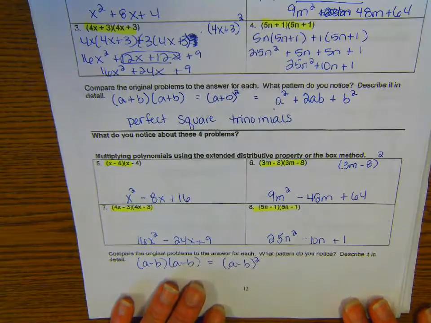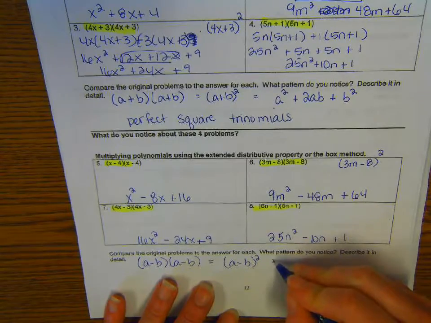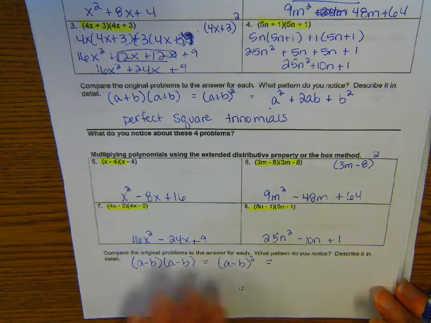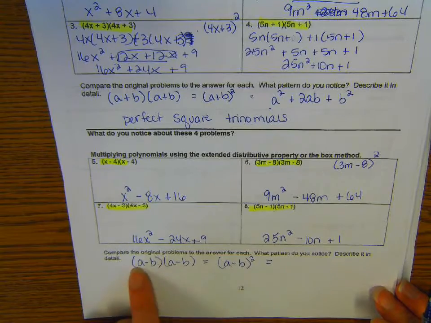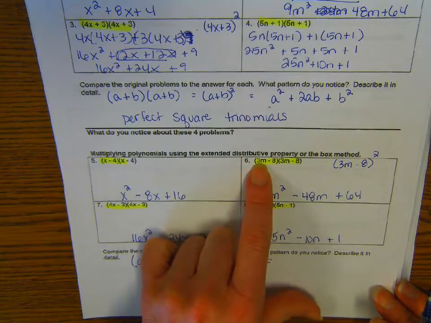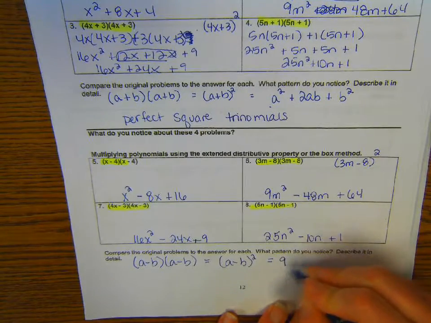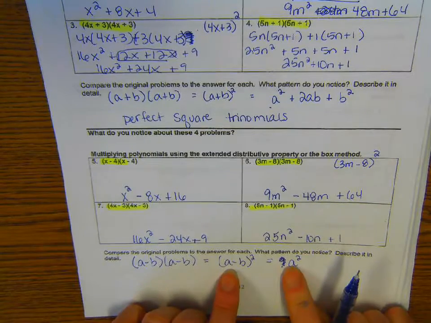Once again, after simplifying, there is a shortcut to finding what those would be. If this ever happens, the first term is a times a, or a squared. For instance, 3m times 3m would be 9m squared. So in general, it's the first term squared.